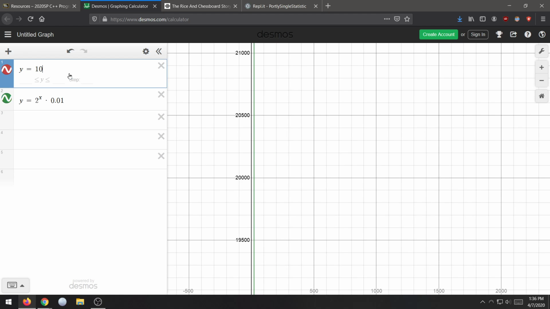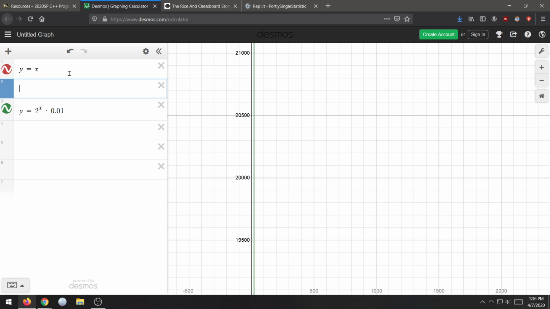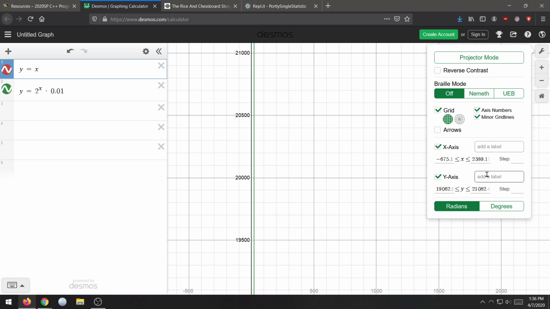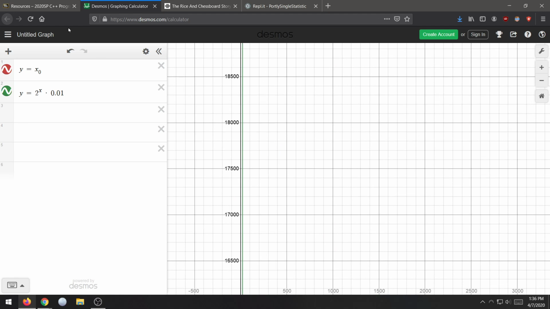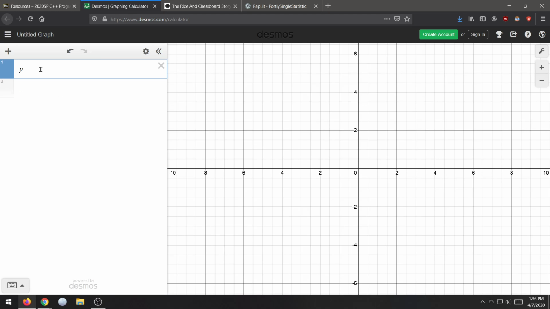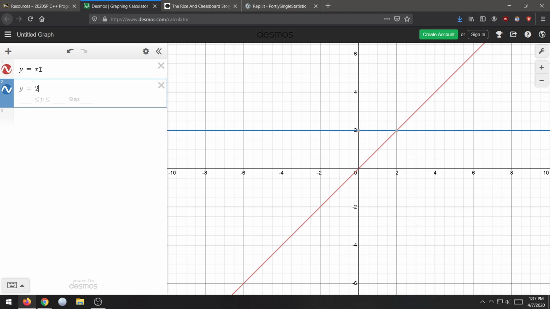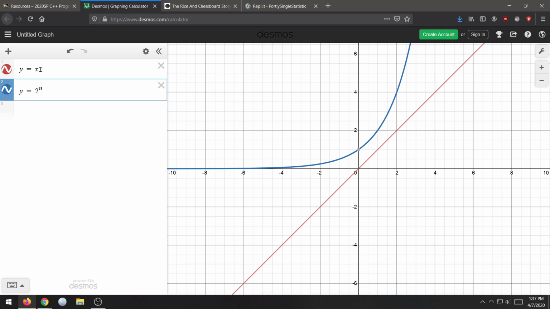So let me just show you what it looks like with y equals x versus this. I want to reset this. Okay, it's easier just to go back to the beginning. My nice linear curve and my curve which is exponential but starts very small.